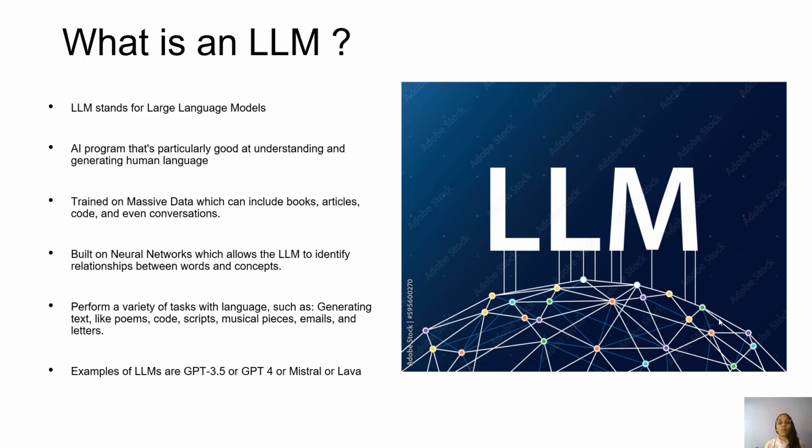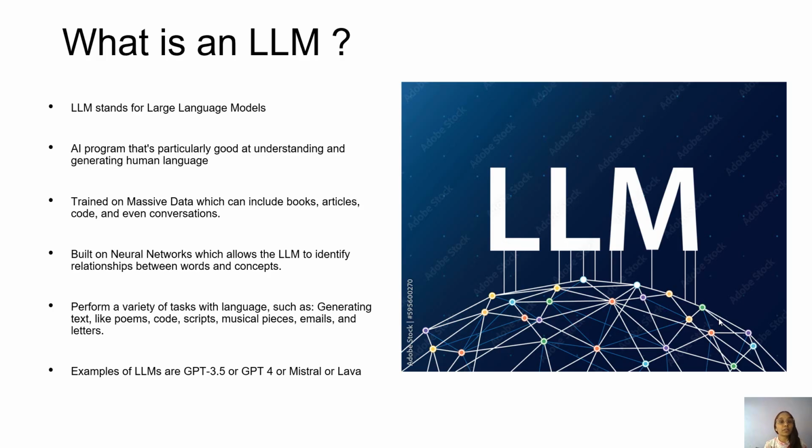Okay, now let's look at what an LLM is. An LLM is nothing but a large language model. It is an AI program that is particularly good at understanding human language and also generating human language. These LLMs are trained on massive data, which includes books, articles, code, and even conversations.